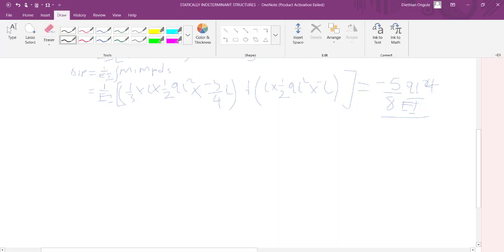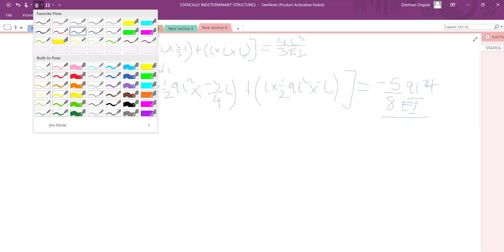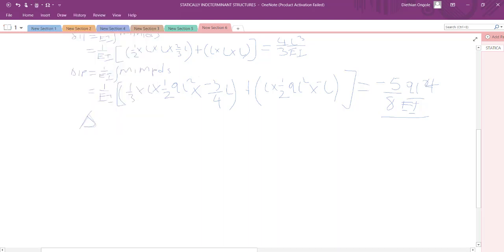So we move on and calculate for x1. Delta 1P plus delta 11 x1 is equal to 0.